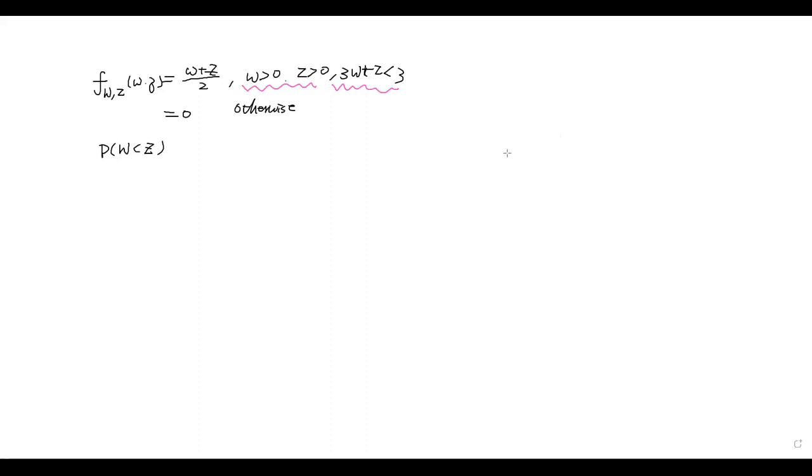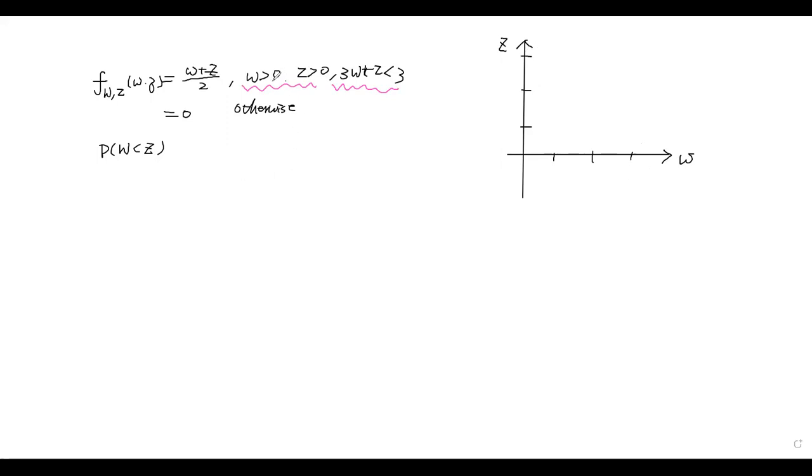Let's take a look at this coordinate system, W and Z. This is my W and this is my Z, with marks 1, 2, 3 on each axis.